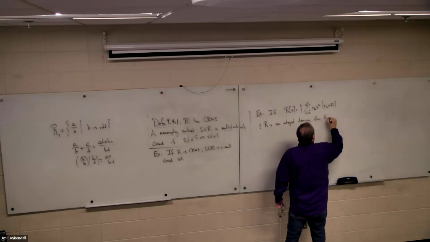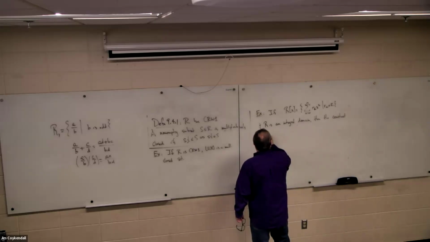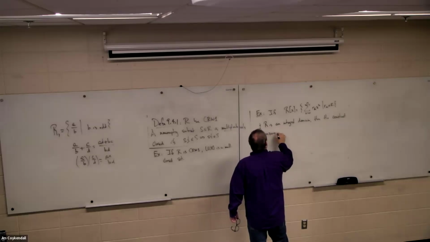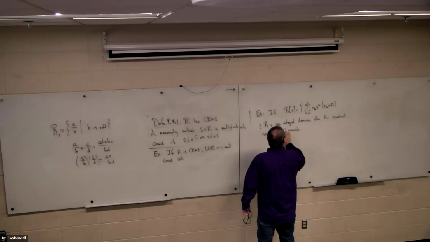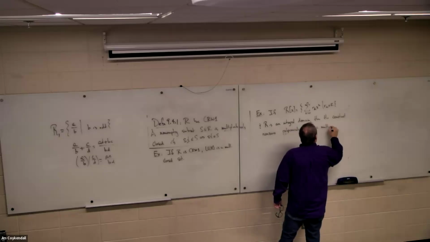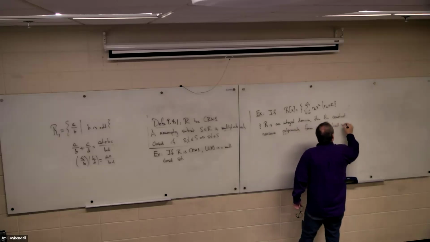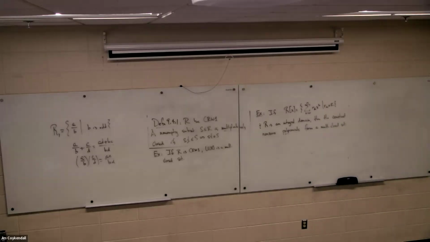Then the constant non-zero polynomials form a multiplicative set. You'll see this actually from your homework. If you have two constant polynomials that have degree 0, their product has degree 0. Two constants multiplied together get you a constant.